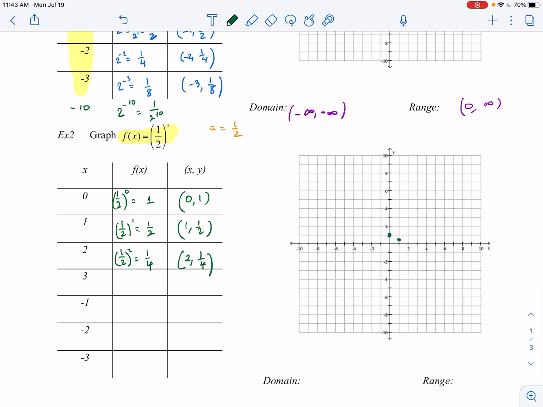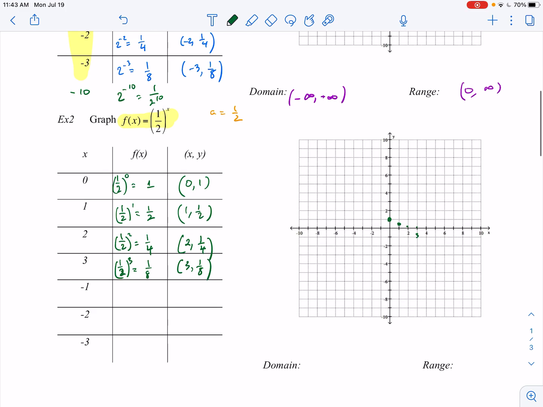So (2, 1/4) is right there. And when x is 3, we have 1/2 to the third power, so that's 1/8. So (3, 1/8) is right there, very close to the x-axis.